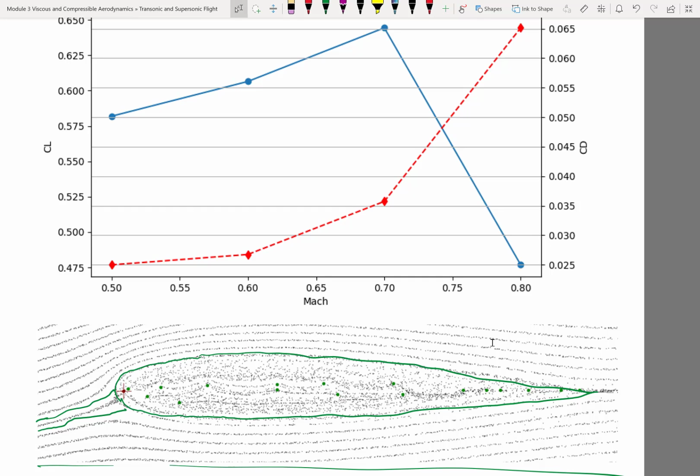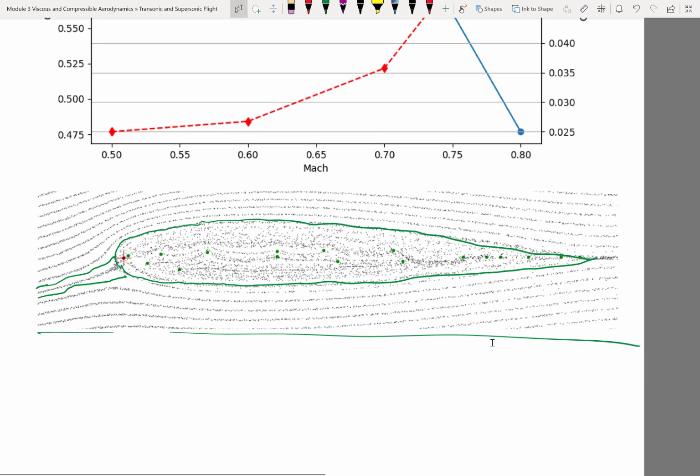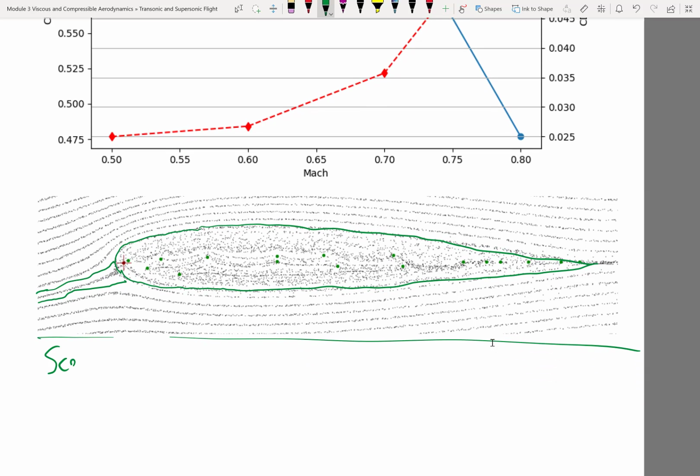Now let's work this out in a compressible flow. Let's work it out in two scenarios. Scenario 1 is Mach equal to 0. Let's just say Mach squared equal to 0.